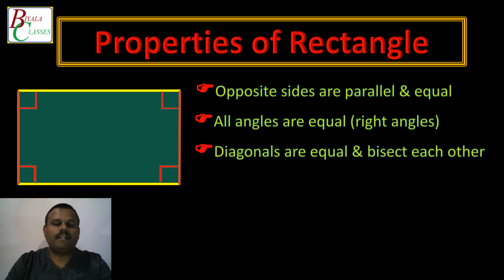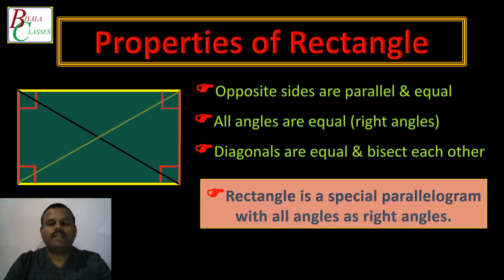Next, diagonals are equal. So here in a rectangle, the diagonals are equal, and they bisect each other also. So ultimately a rectangle is a special parallelogram with all angles being right angles.